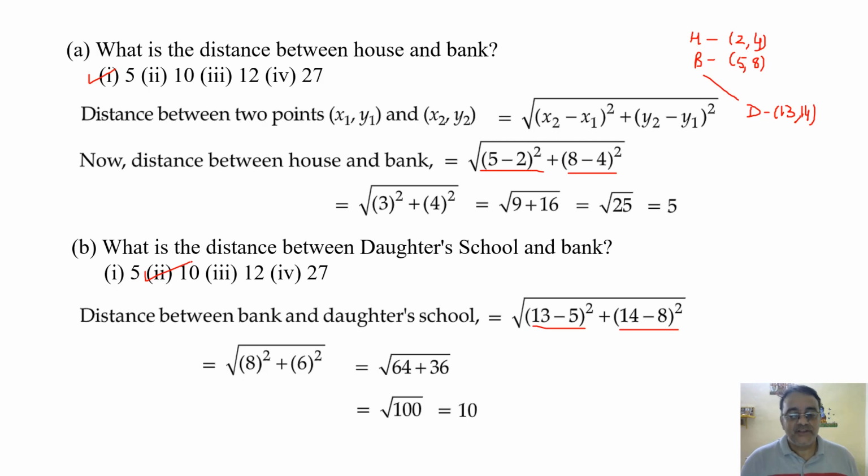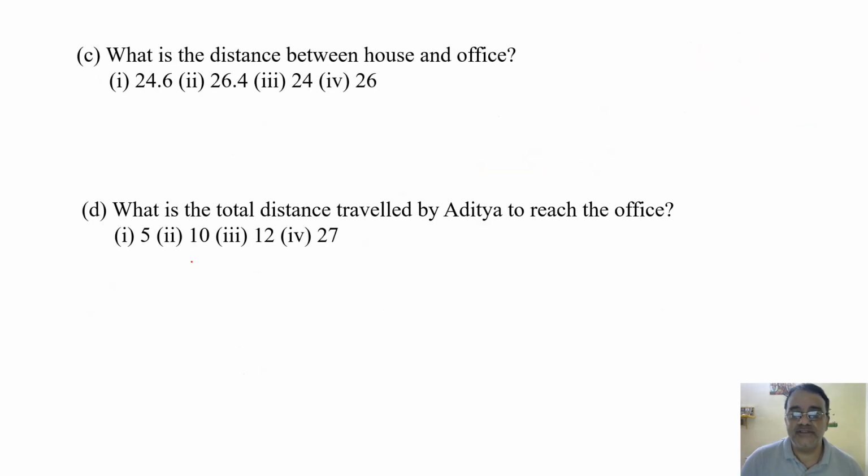Second. Right. So now we are moving toward the next question. What is the distance between house and office? So house का जो coordinate था, just now I told you that the coordinate of house is 2, 4. Okay, 2, 4. And the coordinate of office is 13, 26. So this is the direct distance between the office and house.